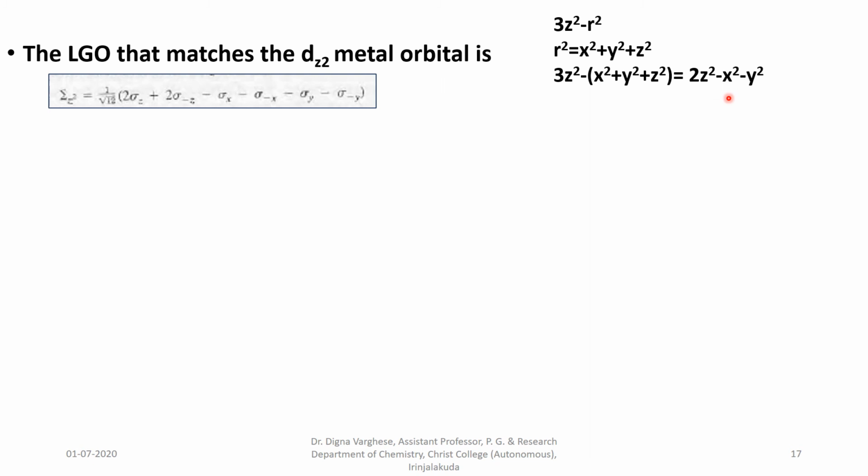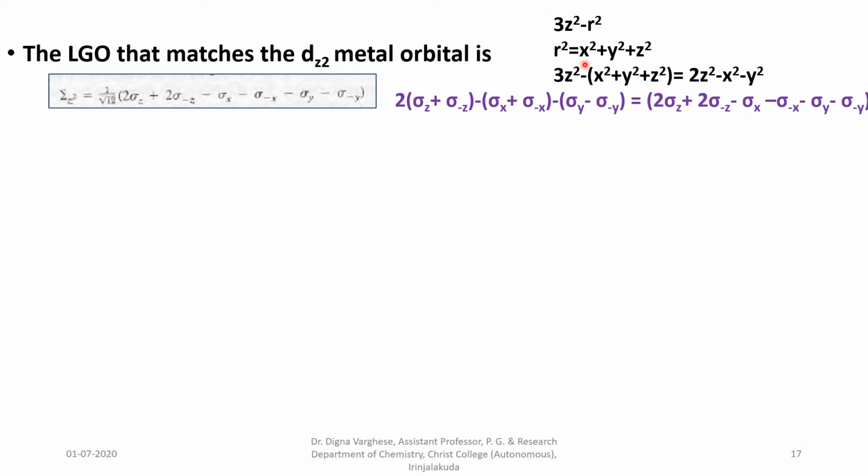Consequently, the proper combination for the dz² orbital is 2 sigma z plus 2 sigma minus z minus sigma x minus sigma minus x minus sigma y minus sigma minus y.